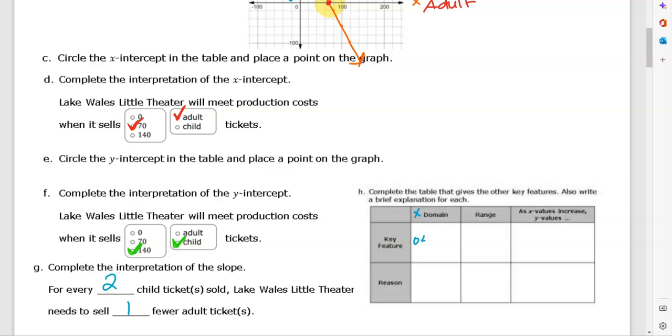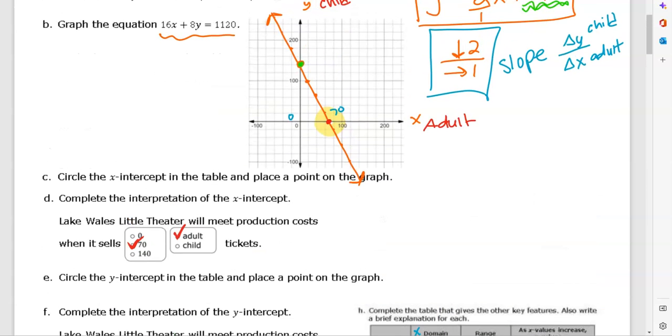So between 0 and 70. Okay. So we can't do negative tickets, right? And we can't sell more than 70 because then we actually end up losing profit. Okay.